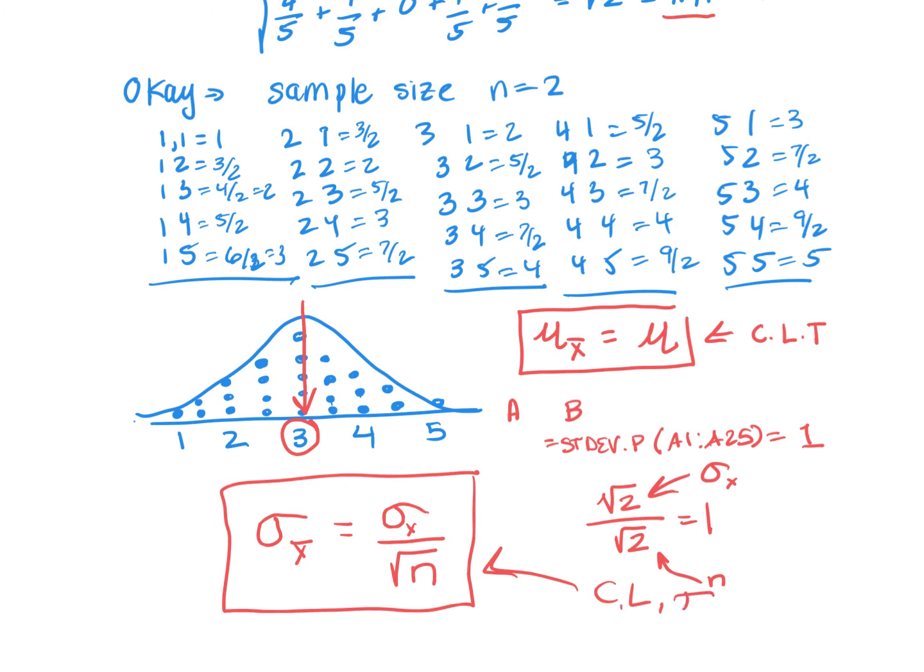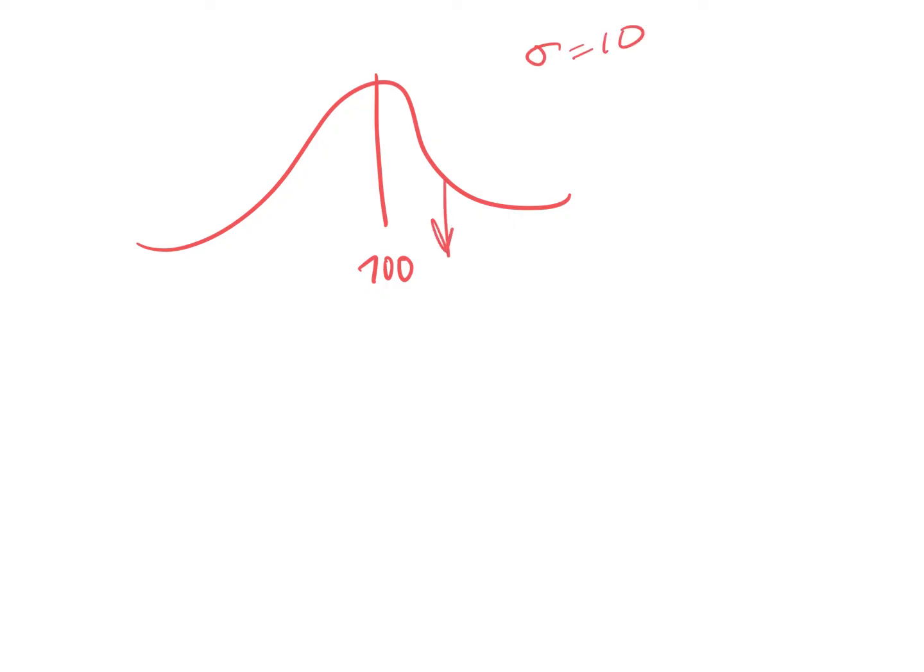So now let's talk about how this plays into problems real quick, and I will end this video. Let's say we had a normal distribution with a mean of 700 and a standard deviation of 10, and I wanted to know the probability I would get 750 or more.